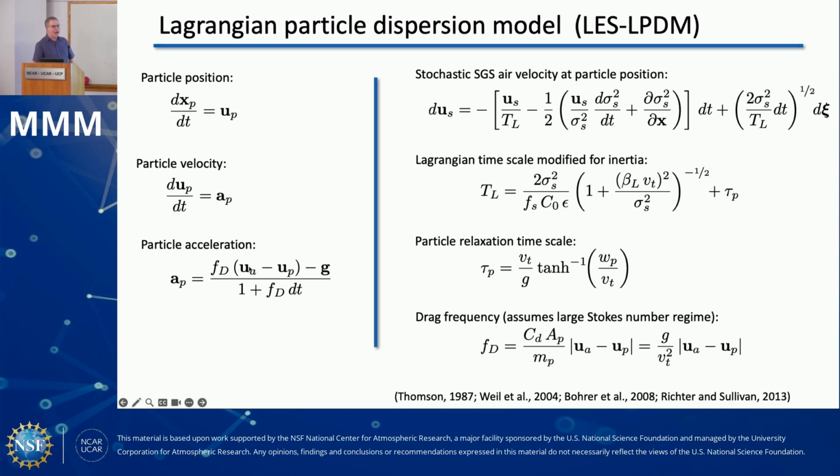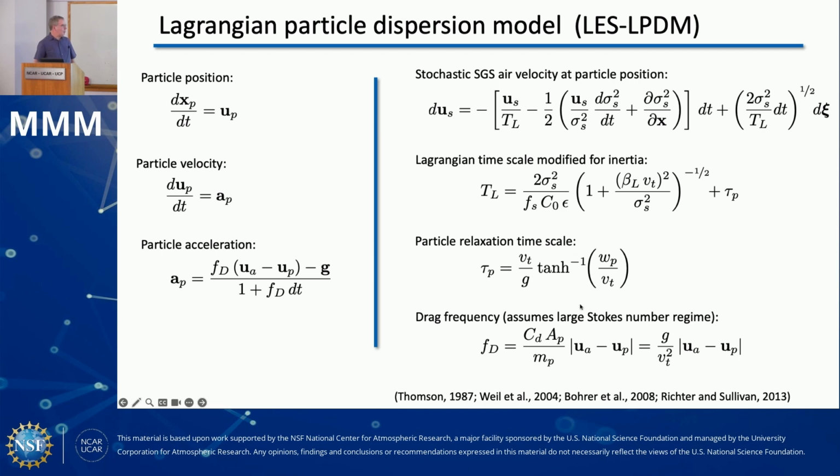That's coming straight out of the LES code, combined with an estimate of the subgrid scale from this stochastic model coming out of Thompson's work and Jeff Wiles' work over the years. But we've modified all of that for inertia, so the fact that these seeds have finite mass.